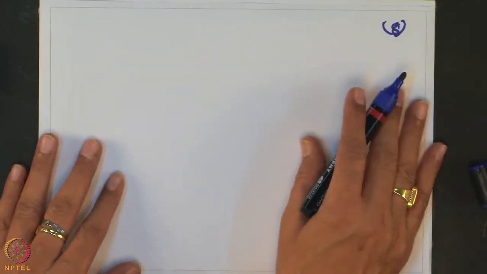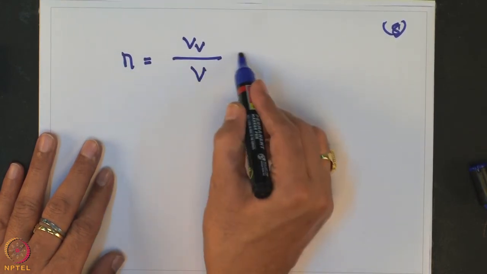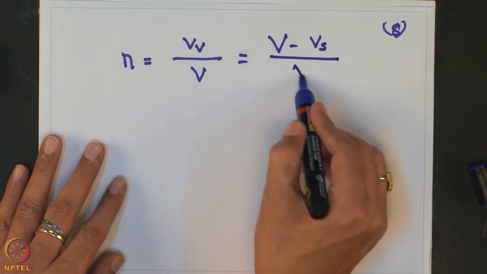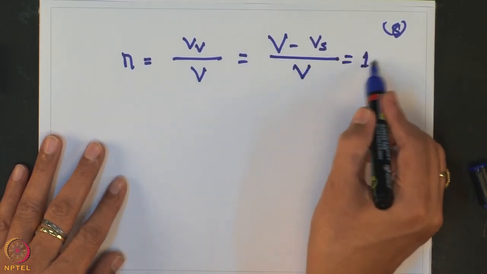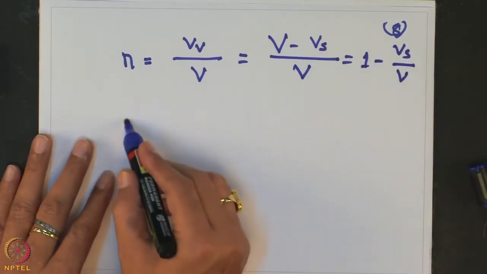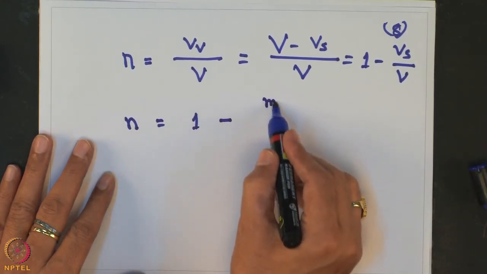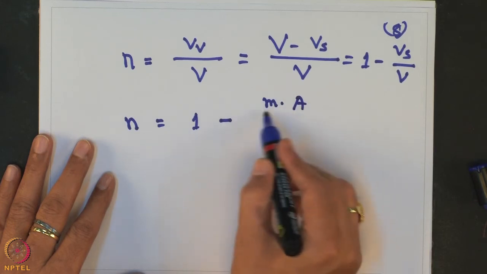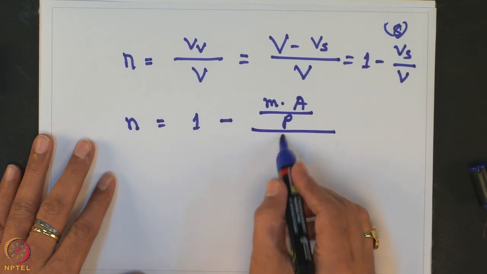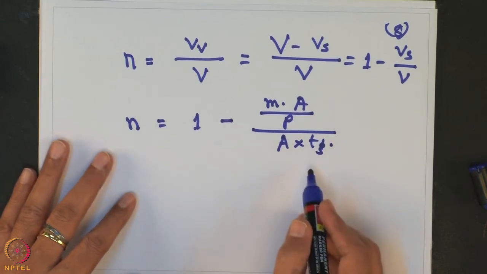So, porosity n, this is the volume of void divided by V, is equal to V minus Vs divided by V. That means this is equal to 1 minus Vs divided by V. So again, n is equal to 1 minus, this you can write as M into A divided by rho, divided by this volume, which is equal to A into T of G, the thickness of the geosynthetic material.